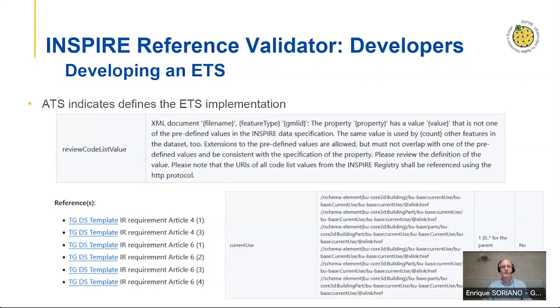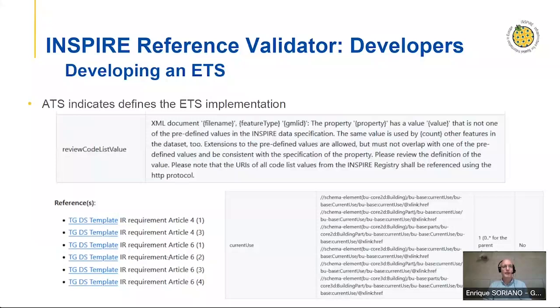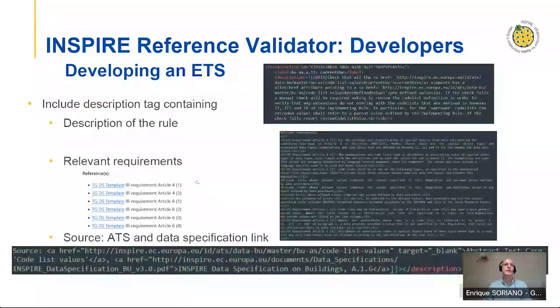Again, I'm going a little bit fast. The ATS indicates how the ETS has to be implemented and where it comes from. You can see here all the lists and the multiplicity, and everything is available in the ATS. And now the ETS needs to comply with a certain structure in order to be executed and to comply with the standard.